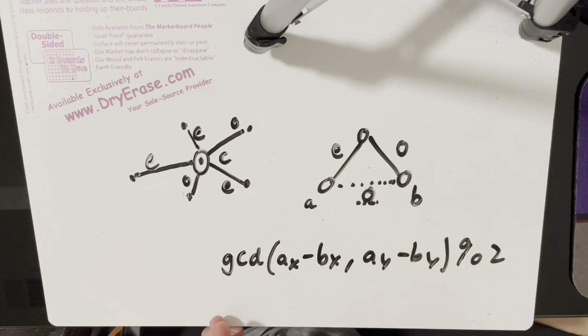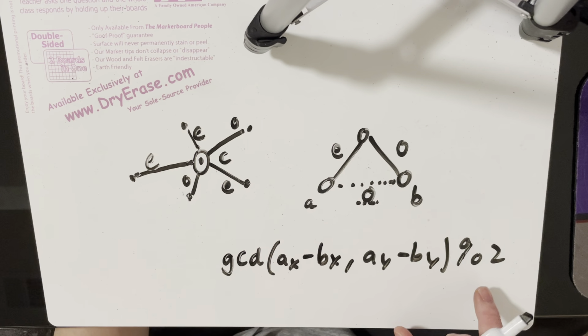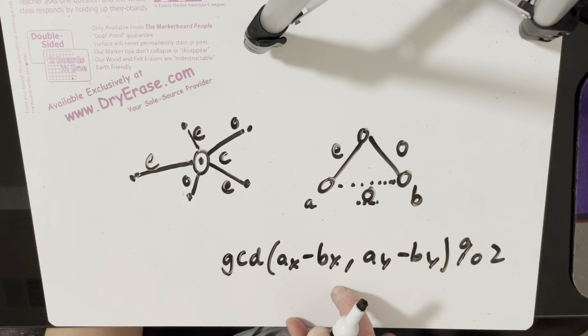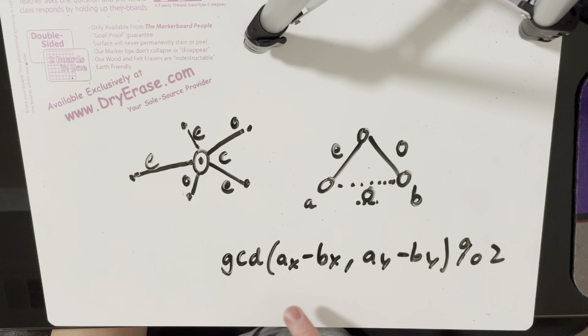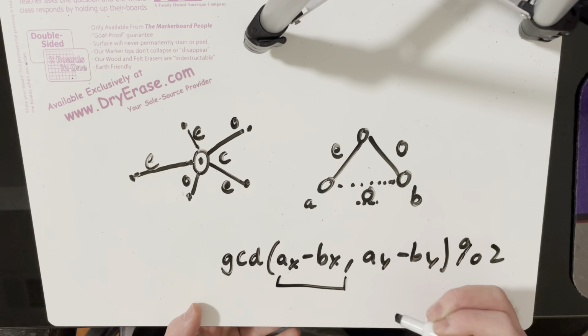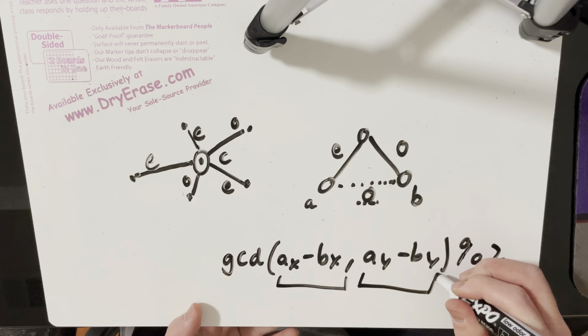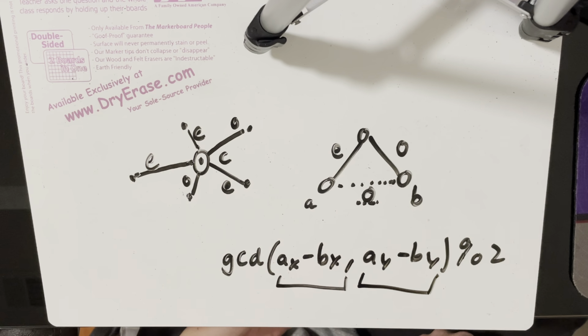Think about it. Okay, well, here's the thing. If we only care about whether the GCD is odd or even, we can essentially mod these coordinates by 2. So we only care about whether AX, BX, AY, and BY are odd or even respectively. We don't really care about their actual value because we only care about the GCD mod 2 at the very end. So in order for this GCD to be an even number, this quantity over here has to be even, and this quantity over here has to be even as well.